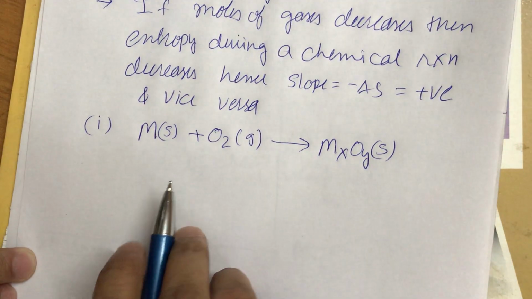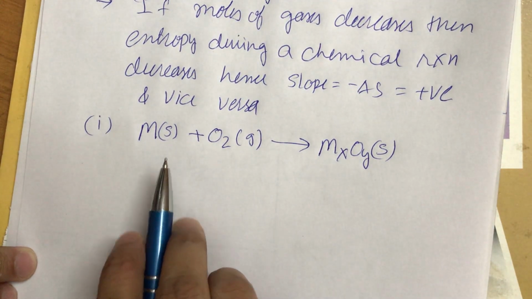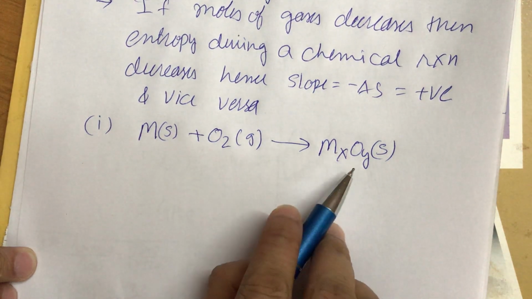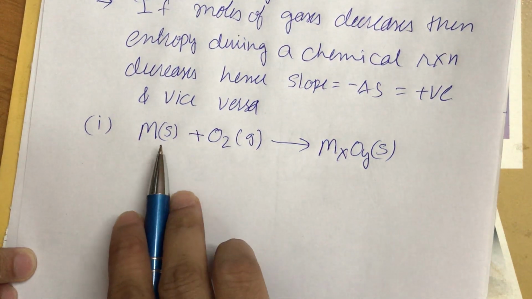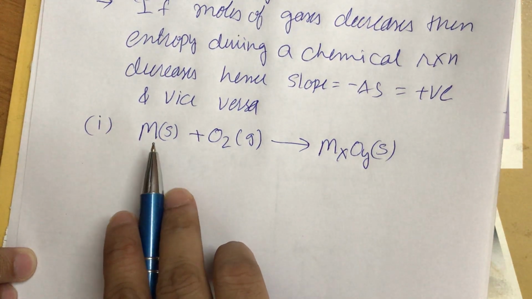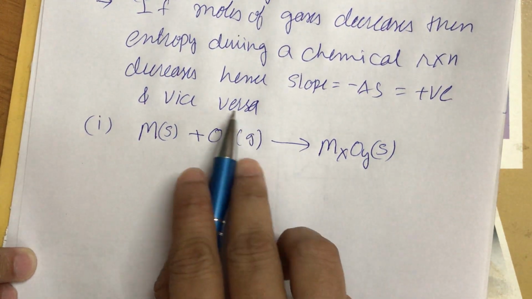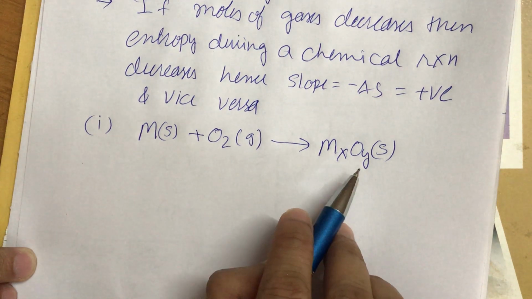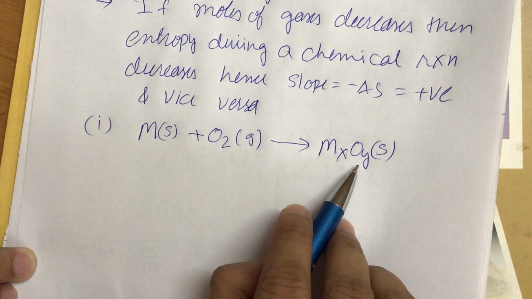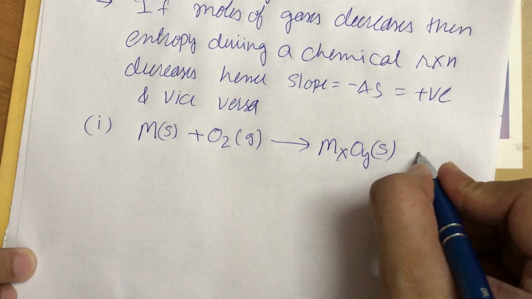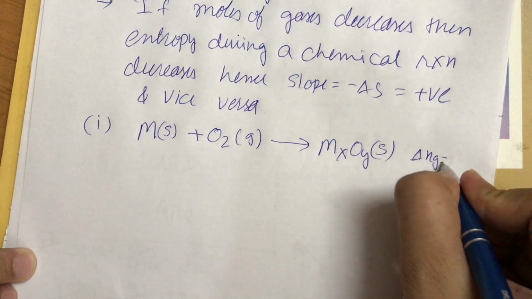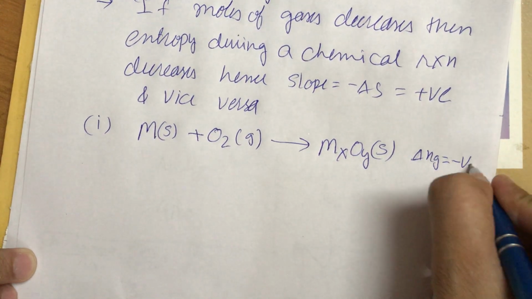This is not a balanced reaction. We just need to observe whether the moles of gas are increasing or decreasing. So in this case, some moles of solid react with the gas and give a solid. So the moles of gases are decreasing. There are 0 moles of gases on the product side. So delta Ng for this case is negative.